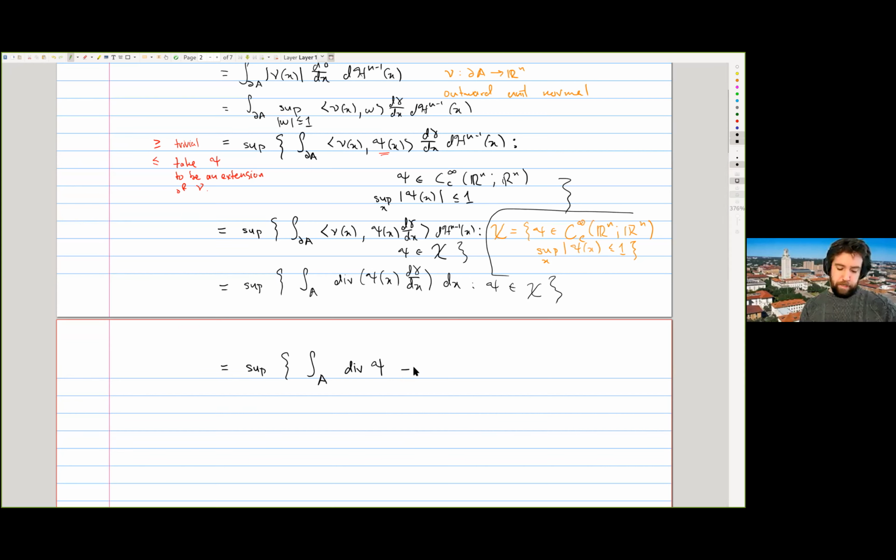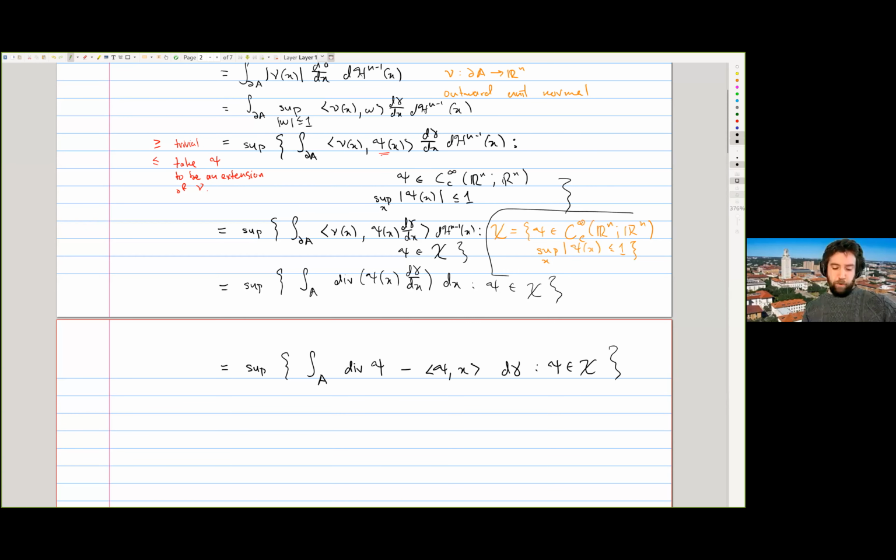So I get a minus psi inner product x. Everything was multiplied by the Gaussian density dx, so I can just write d gamma.